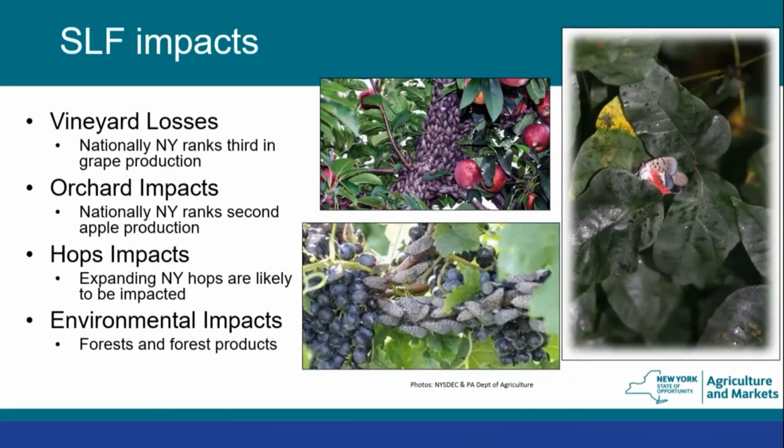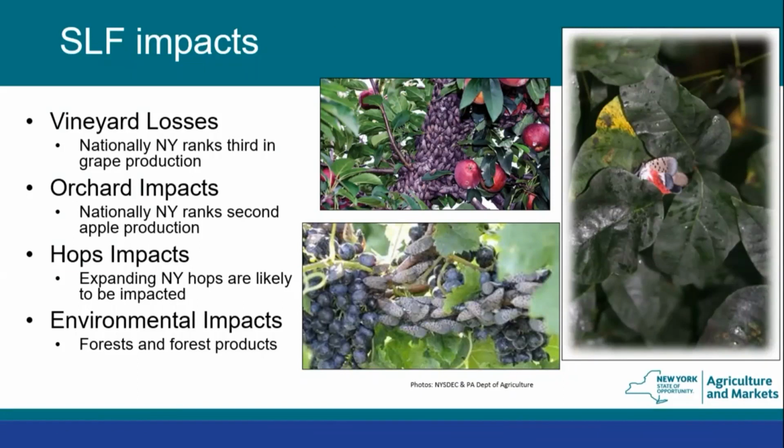So that's a big potential threat, or not potential anymore because it's here in New York State, but it's a big threat to our agricultural crops such as grapes. Orchards that produce apples and stone fruit, again, it's a threat to those as well. They are a little bit better prepared, not so much to defend, but to adapt to the feeding practices of the spotted lanternfly.